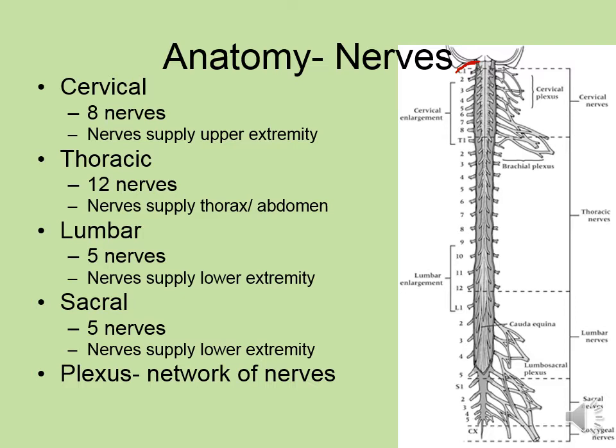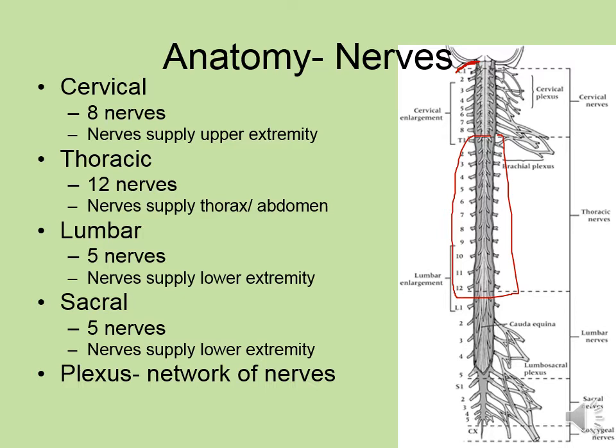And the thoracic nerves, there are 12 of those. Those correspond with the thoracic vertebrae. So coming through there. And those nerves supply the thorax and abdomen. So they'll supply the sensation and movement for the muscles in those areas.